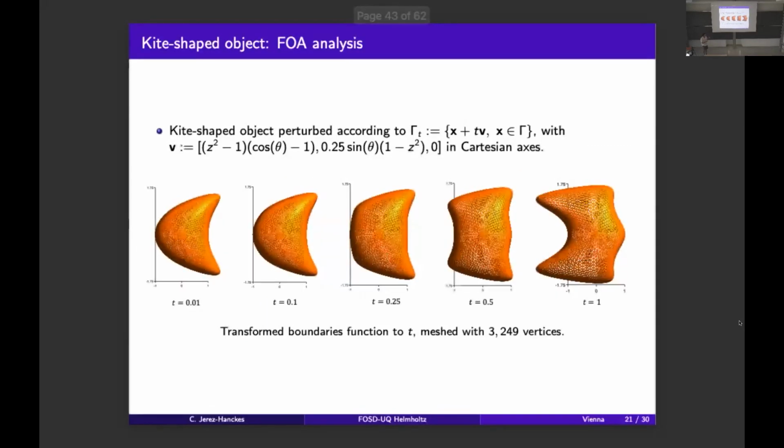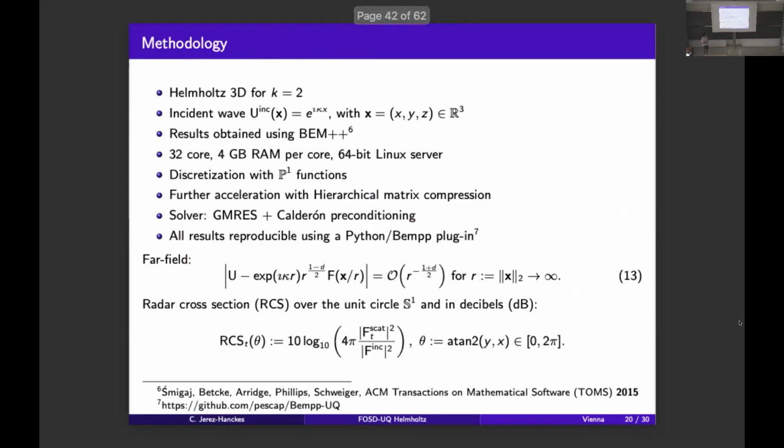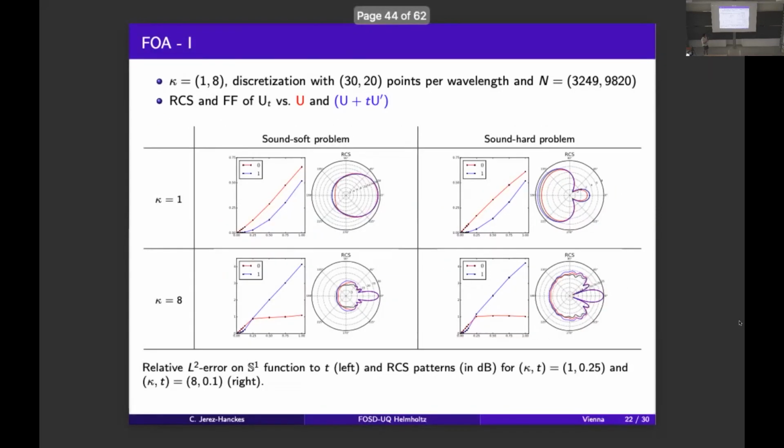So we will compare solutions computed on these specific meshes and their approximations by either the nominal solution, the solution on the kite-shaped object, or its correction by a first order correction using T times the shape derivative.